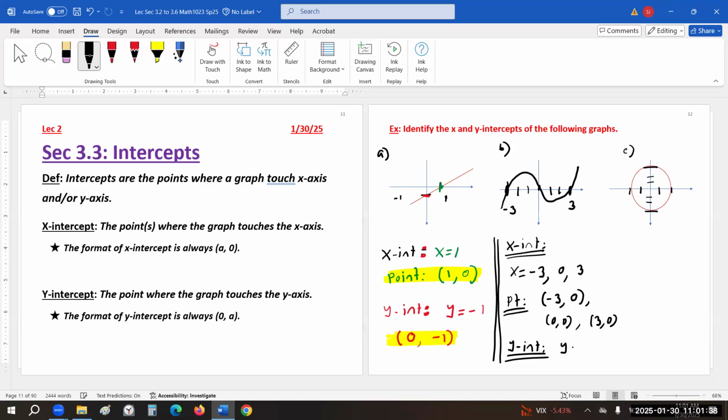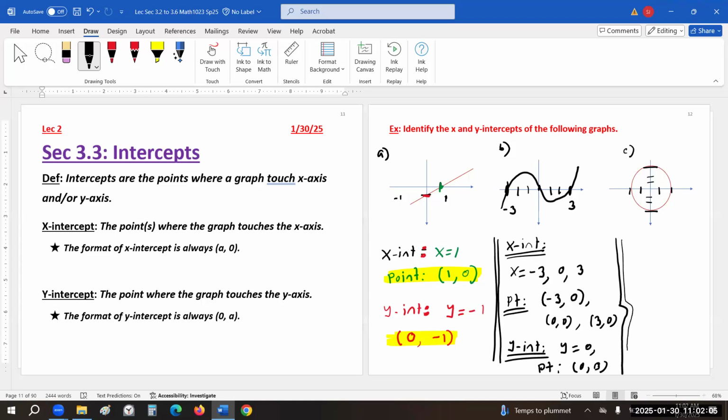So it's y equals 0. And can you tell me its point? Great. (0, 0). See? This is easier to see, but this is actually what the department wants you to write. So not bad.